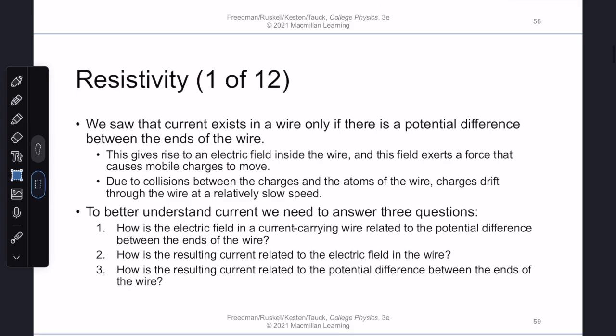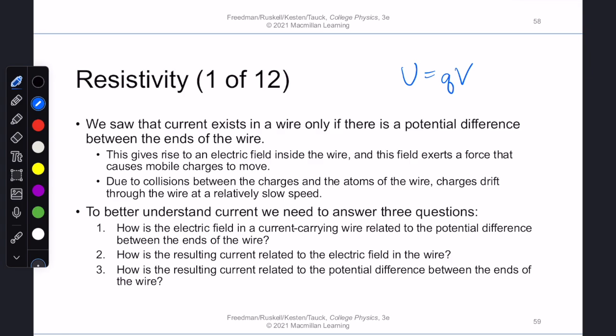So we saw that current only exists in a wire. We only get the charges in that wire to start moving if we apply a potential difference between the ends of the wire. And why is that? Because potential difference, V, gives charged particles Q the energy to start moving. So the only way we can give them energy is by applying a potential difference.